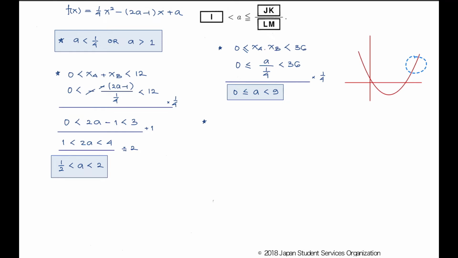Let us assume this is A, this is B. Let's say this is 0 and this is 6. The value of f of 0 must be positive and the value of f of 6 must be positive.